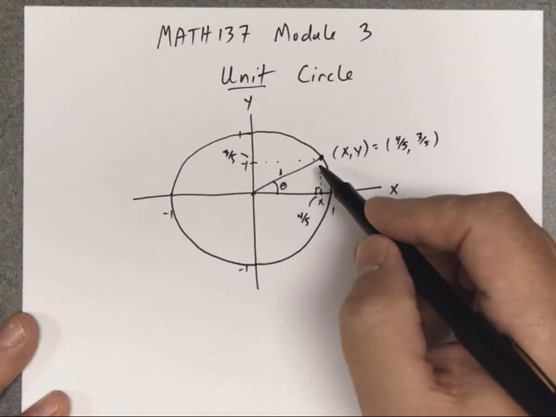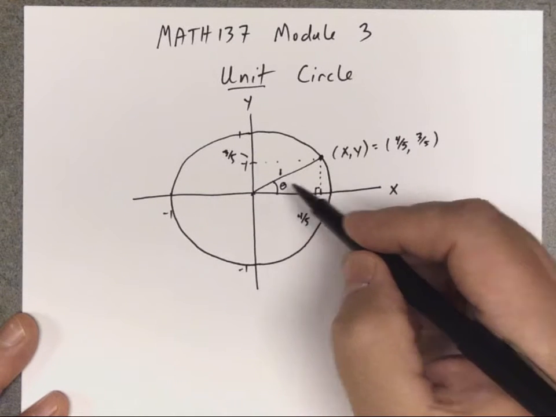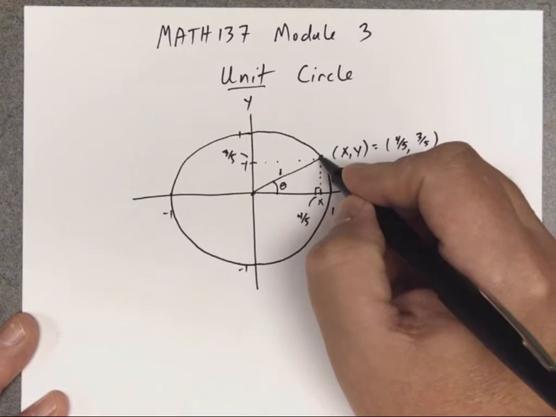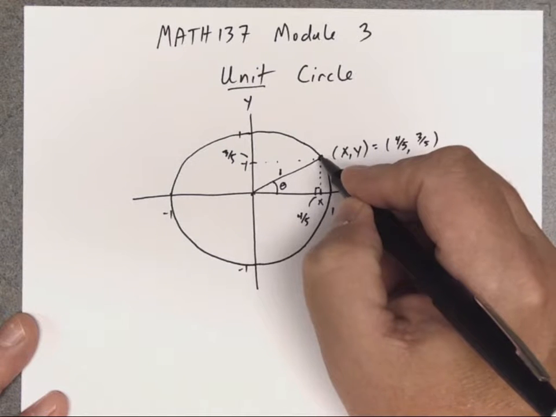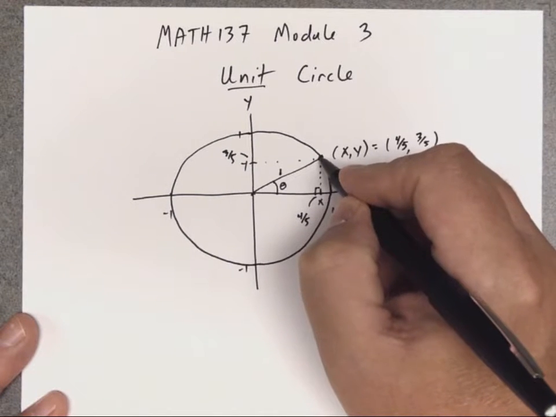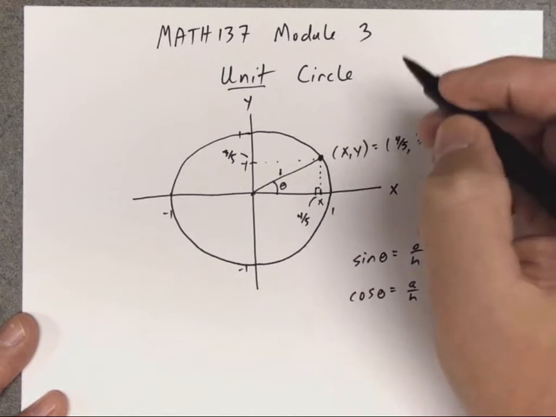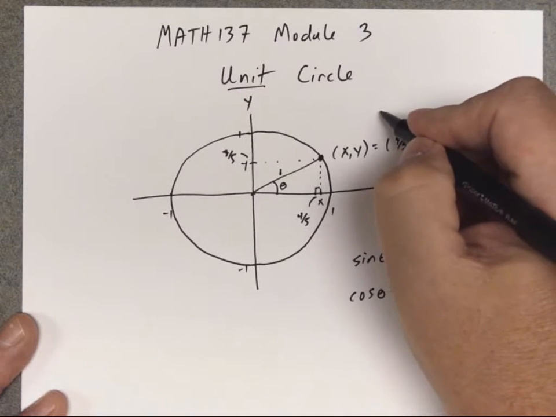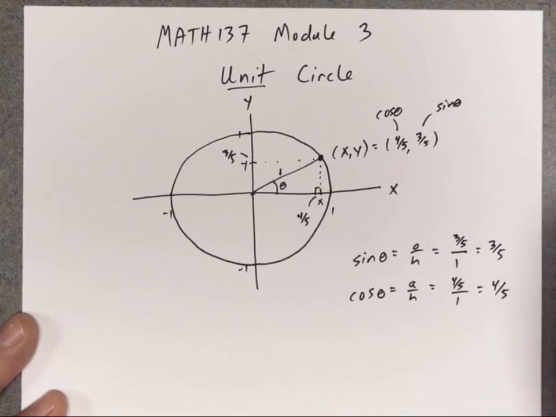And here it is. Anytime you use a unit circle and you're trying to find the trig functions of an angle, if I know the x and y of my point on the unit circle, in other words, here's my point that I'm using to create my angle, and I know the x and y of this point, 4/5, 3/5, once I know the x and the y of the point, I automatically know the cosine and the sine.